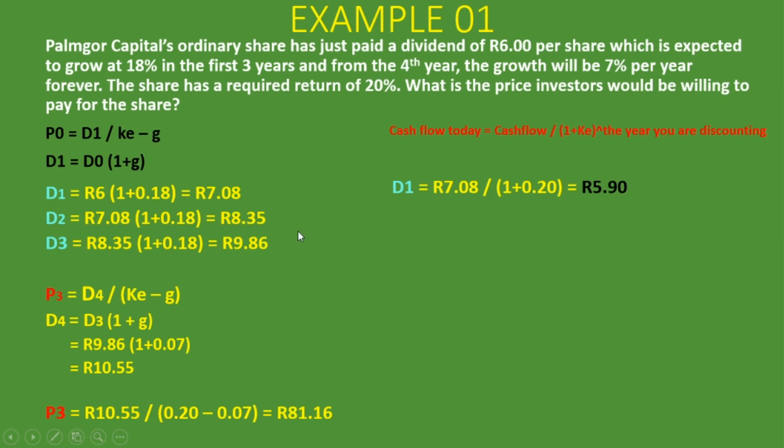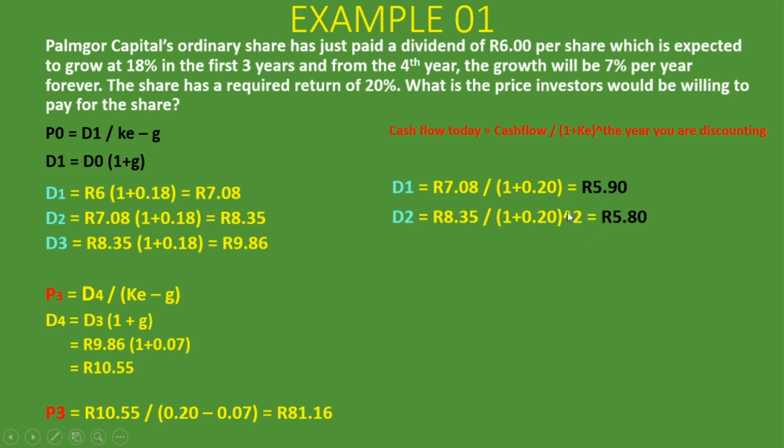How will we discount the dividend at period 2? Well, we are going to take the 8 rand 35 cents divided by 1 plus 0.2 to the power of 2, because I'm in year 2. So there we go: 8 rand 35 cents divided by 1 plus 0.2 to the power of 2. From 2 onwards, I have to put the power there.